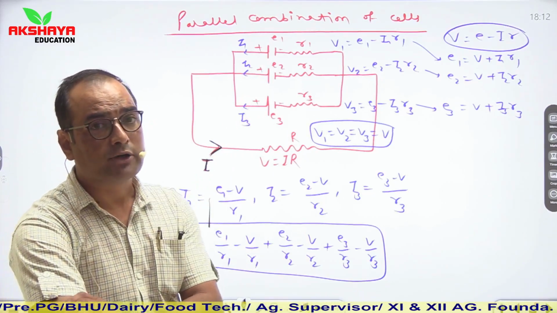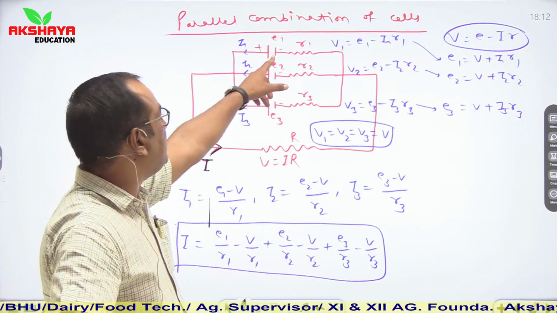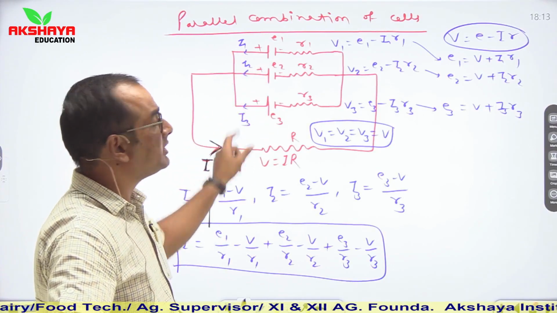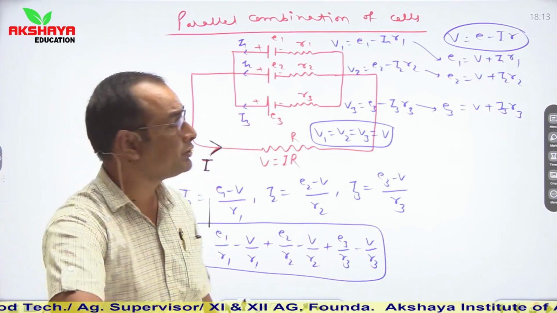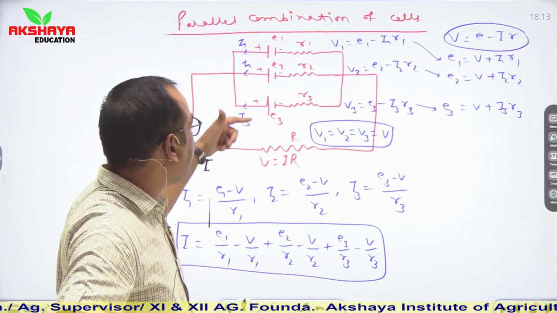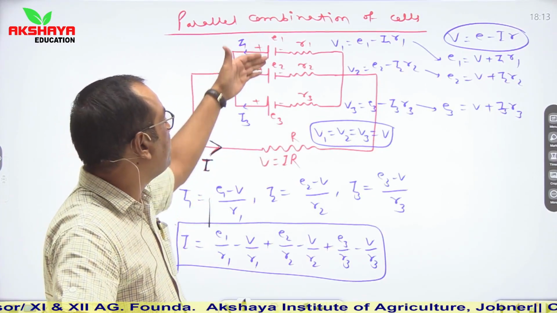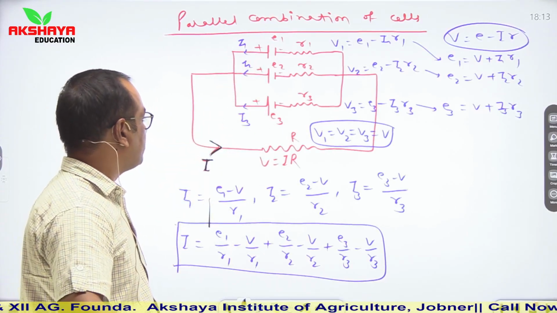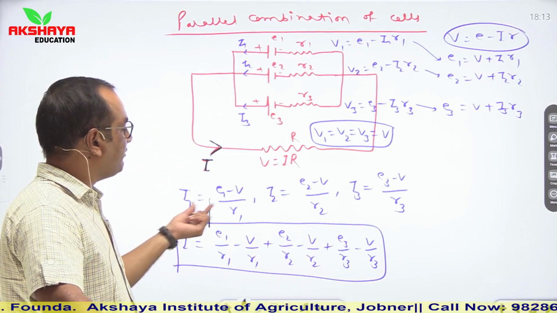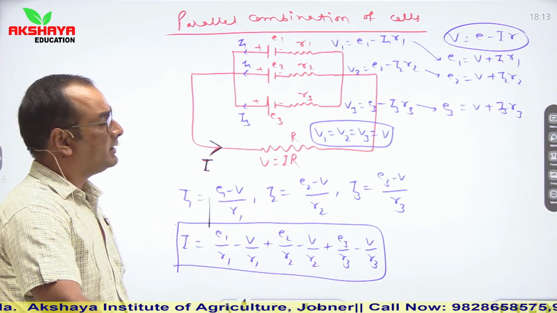So it is very clear to us that the current through each cell will be different. Let us say I1, I2, I3 are the currents flowing respectively from cells of EMF E1, E2 and E3. If I find the values of I1, I2, I3, let us see what the approach is.